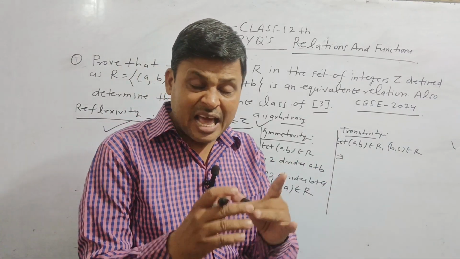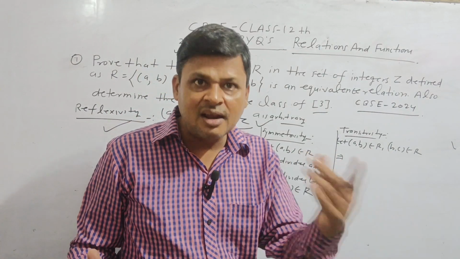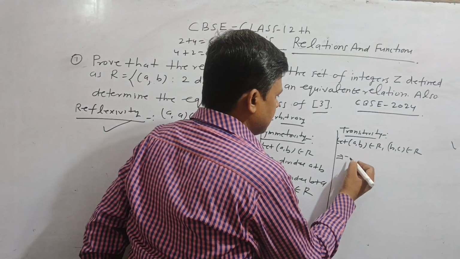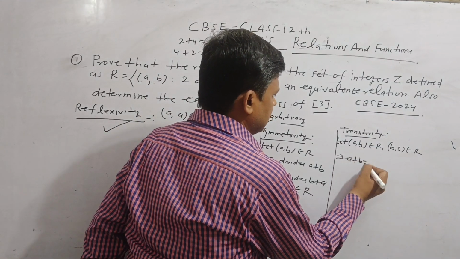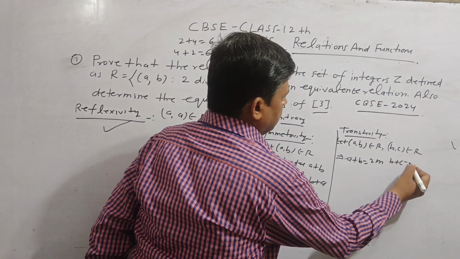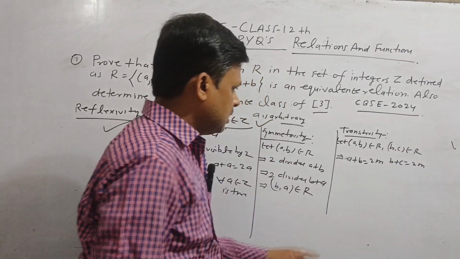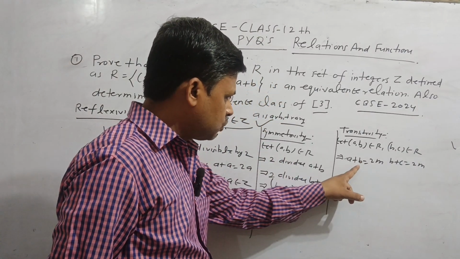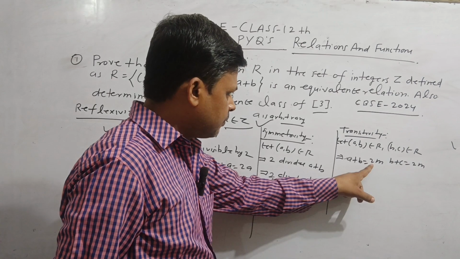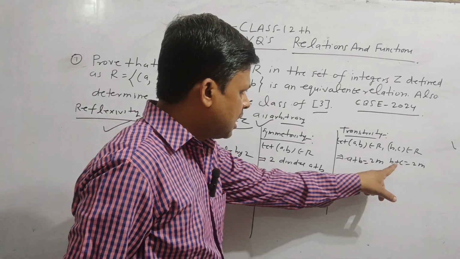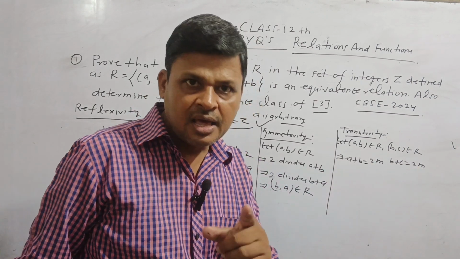We will express this as a mathematical relationship: a plus b is equal to 2m and b plus c is equal to 2n, because 2 divides a plus b, so it is expressible as a multiple of 2, and b plus c is also expressible as a multiple of 2.